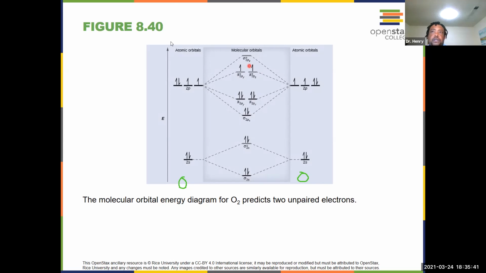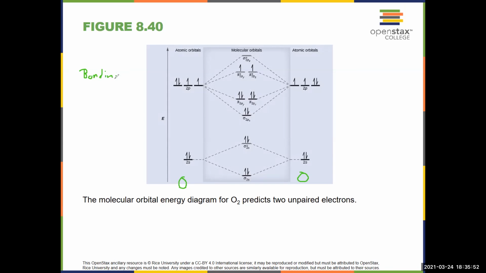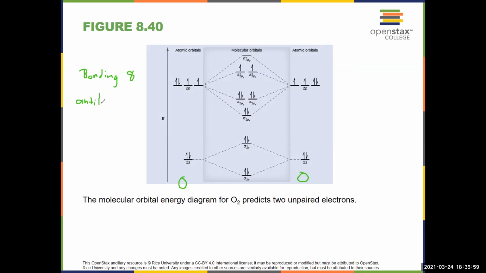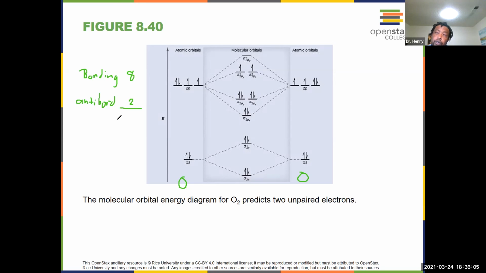Okay. So if we calculated our bond order, how many bonding do I have? 8. Okay. And how many antibonding? 2. 8 minus 2, are you sure? Only 2?